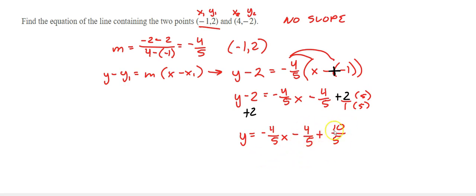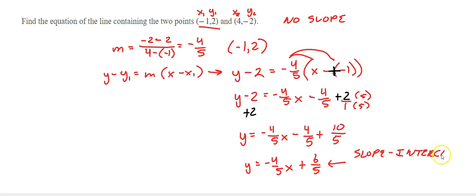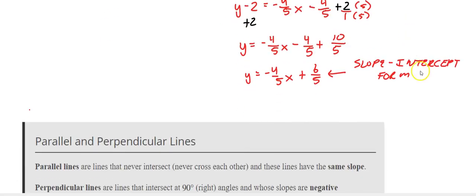Then whenever you take negative 4/5 and add 10/5, you're going to get y equals negative 4/5 x plus 6/5. This right here is now slope-intercept form. Okay, let's keep going.